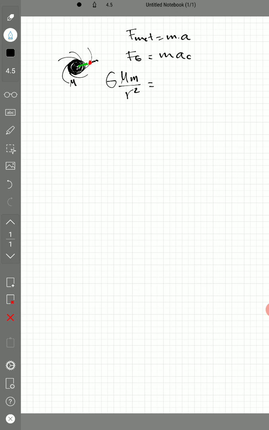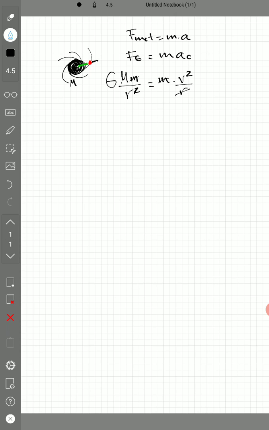Now that will be equal to the mass of the star times the centripetal acceleration, which will be v squared over r, from our knowledge of centripetal acceleration. This radius will cancel with this one, and this mass will cancel with this one, right?